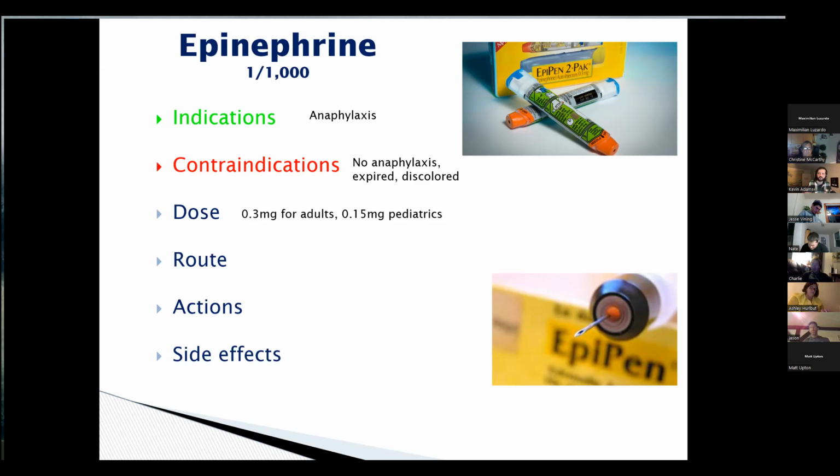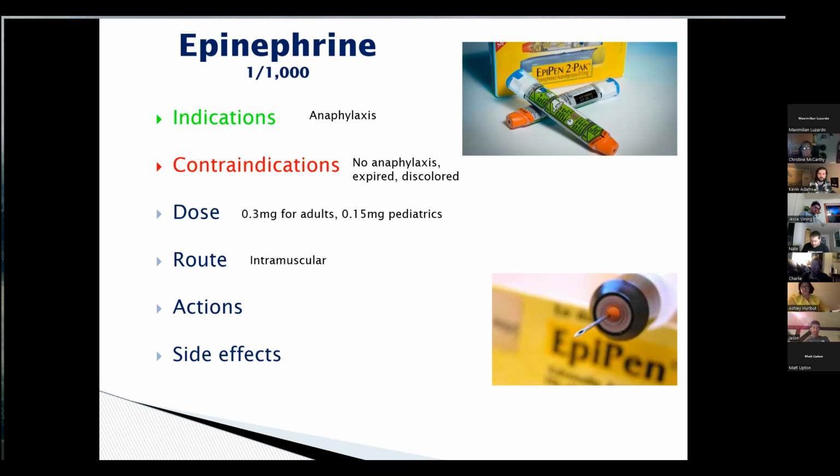So if you are with an advanced provider and somebody who's in that kind of weird weight to age range needs epi, the advanced EMT or paramedic will take care of that. They will do that medication. But for your purposes, you either do 0.3 if they meet the criteria for an adult, or 0.15 if they meet the criteria for pediatric.